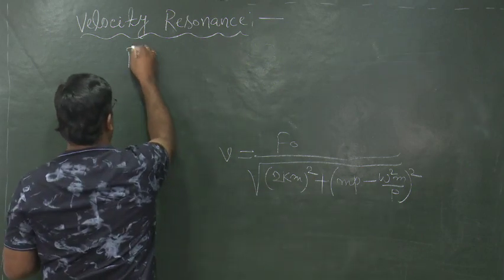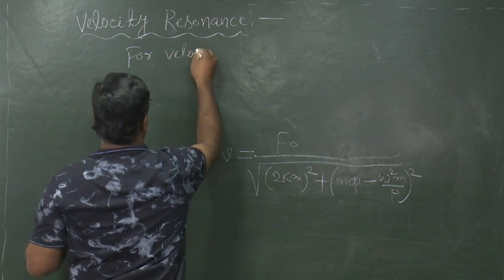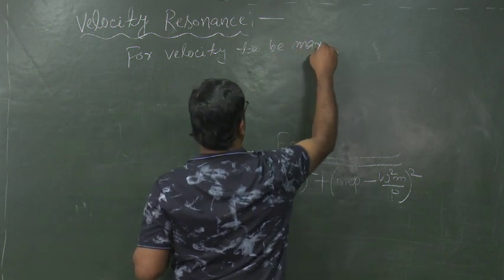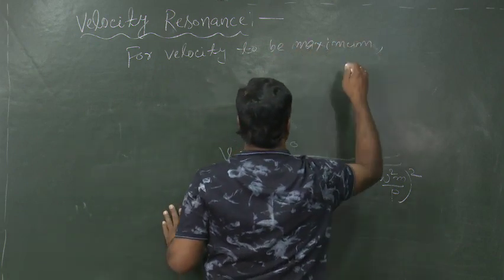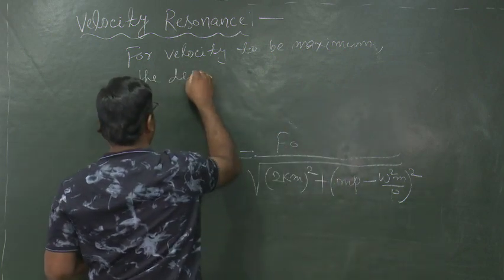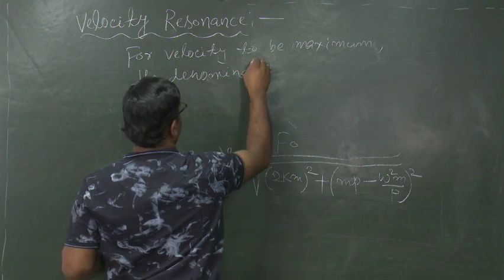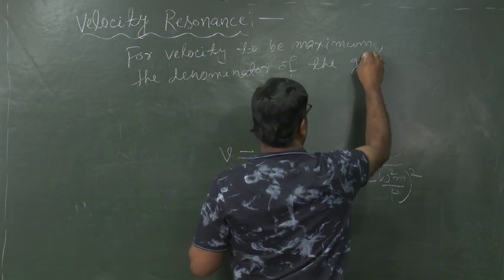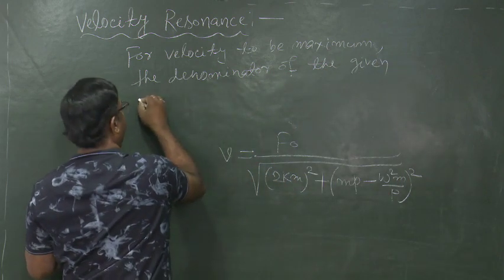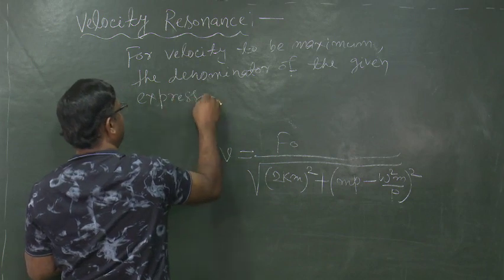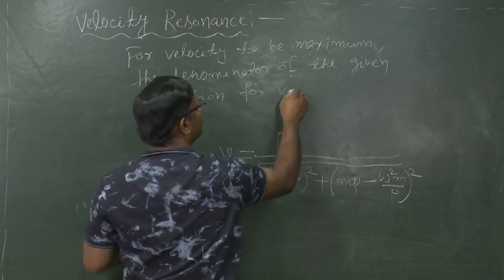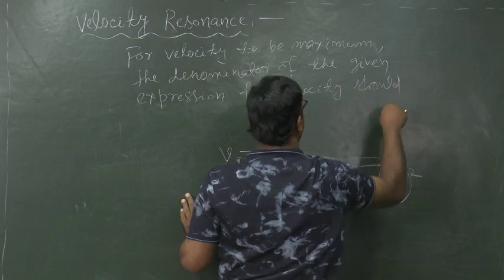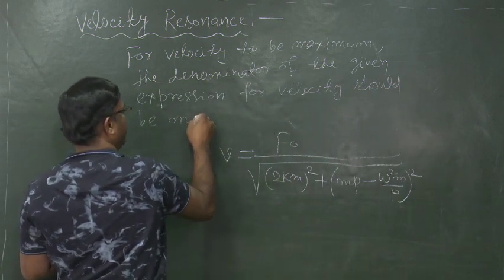Okay. For velocity to be maximum, the denominator of the given expression for velocity should be minimum.